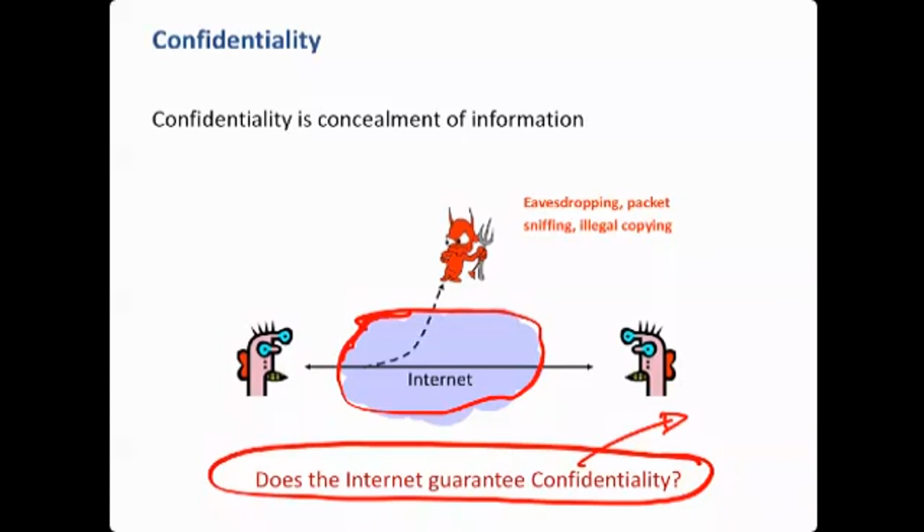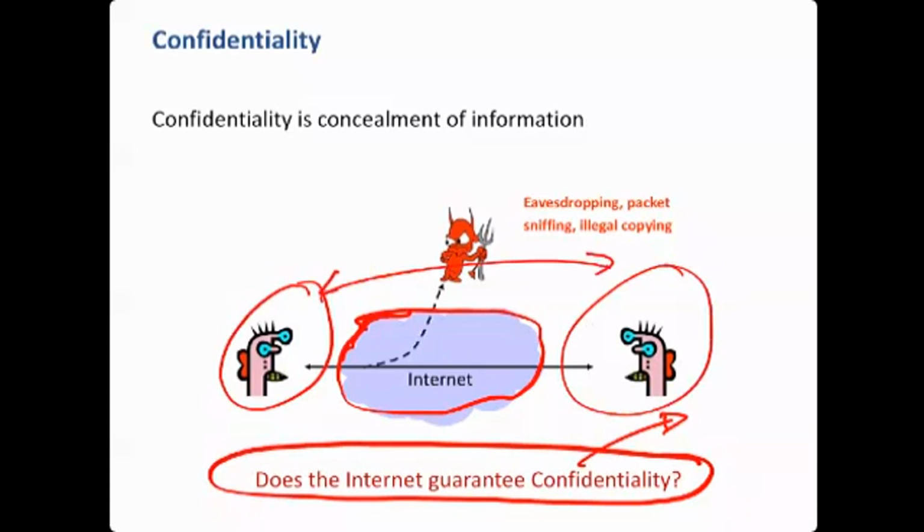A lot of trillions of dollars are getting exchanged over the internet. Now the responsibility of providing confidentiality is between the end parties. They need to do something to have their communication confidential. And we'll look at one of these schemes, or many of these schemes. And the most important scheme is called encryption.